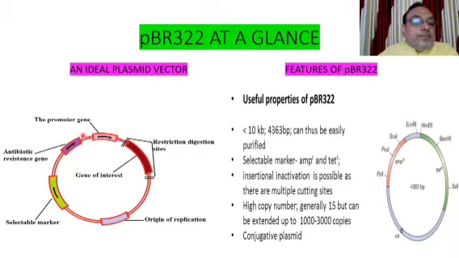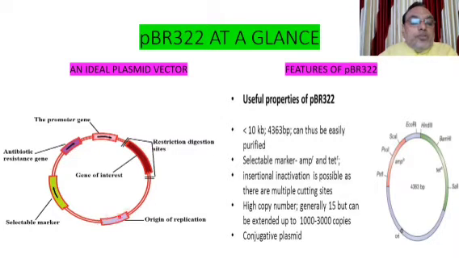Here are genes for antibiotic resistance here too. Here is the promoter site, which promotes the replication. And here is the site for restriction endonuclease. These sites are cut by a particular type of restriction endonuclease, and the DNA fragment cut by that same restriction endonuclease could be easily integrated into this region.